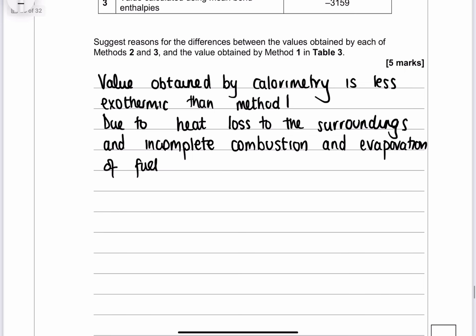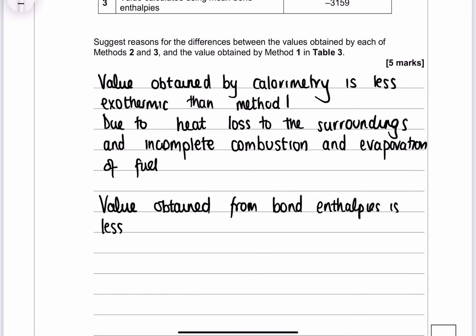And then we've got the value obtained from bond enthalpies. Is less exothermic than method 1. Why might that be?